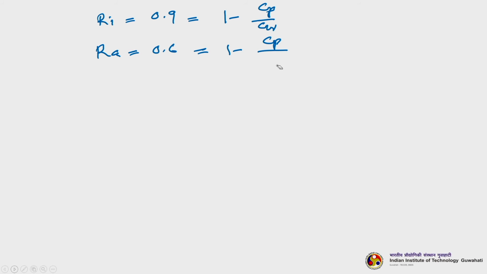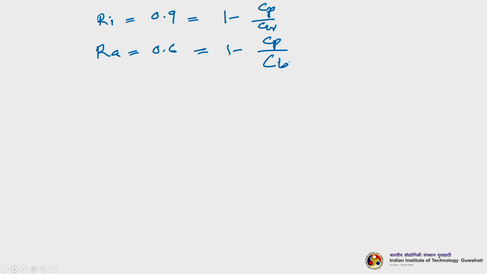So, your intrinsic rejection coefficient Ri equals 0.9, and what is Ri? Ri equals 1 minus Cp by Cw, and your apparent rejection coefficient Ra is 0.6, which is 1 minus Cp by Cb. So, this is the difference between apparent and intrinsic.